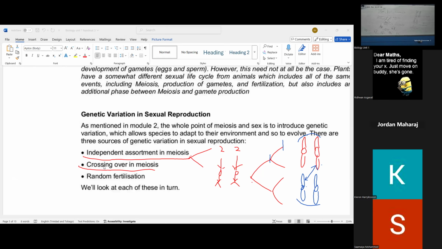So what independent assortment is referring to is that the transfer of genes is not dependent on other genes. Independent assortment is a random process. Independently assorting or arranging genes, it is not dependent on any other process.